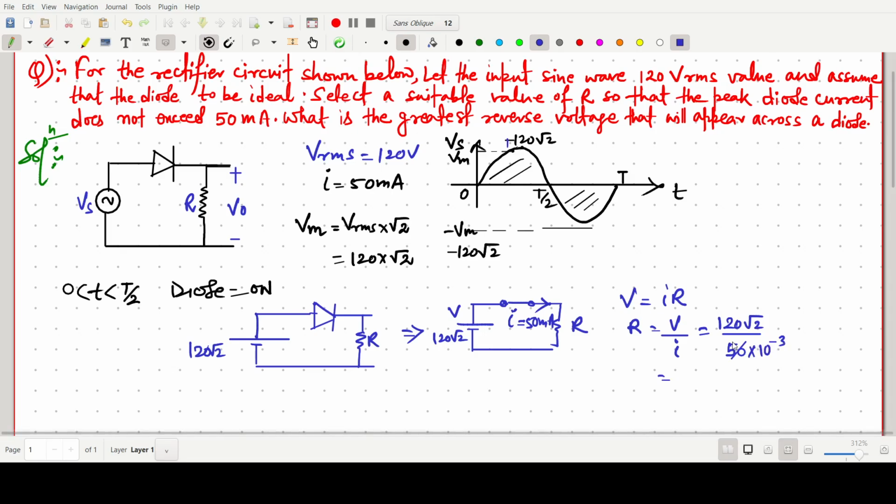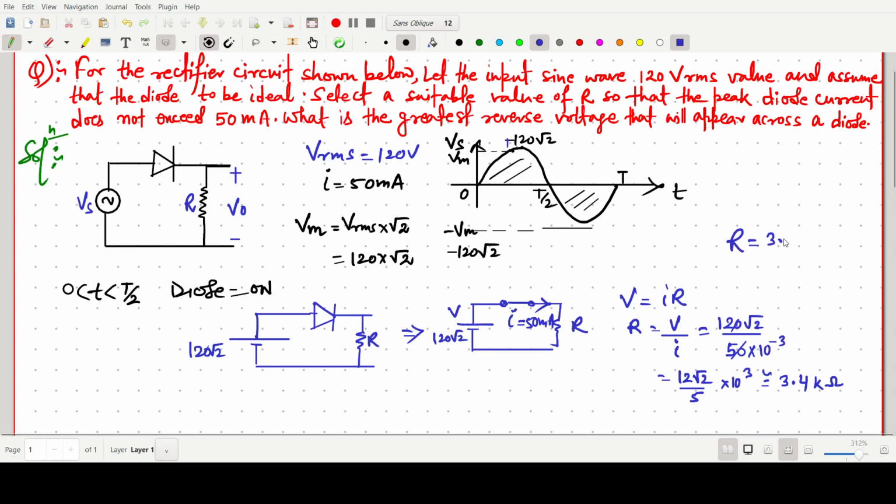Or we can do it like this: 12 root 2 by 5, then into 10 to power 3. If we solve this, I have already calculated, it will come around 3.4 kilo ohm. So the R value will be around 3.4 kilo ohm for the current 50 milliampere.